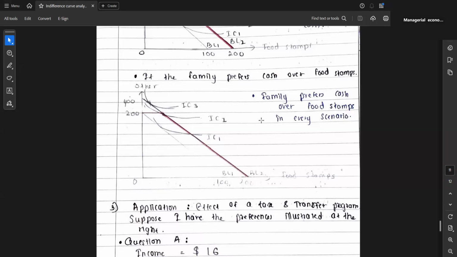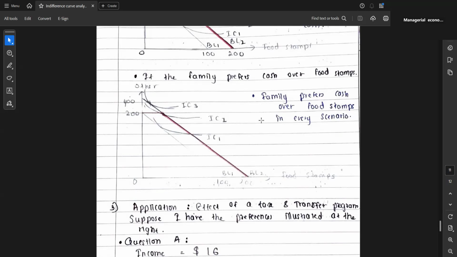That is other goods. So he's spending all of his income on other goods. Now, you can see the point where the red budget line touches the indifference curve, where it is tangent.